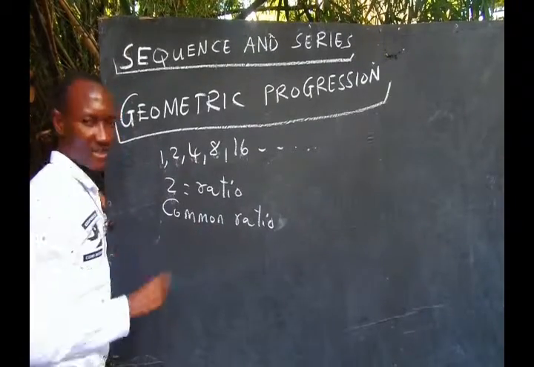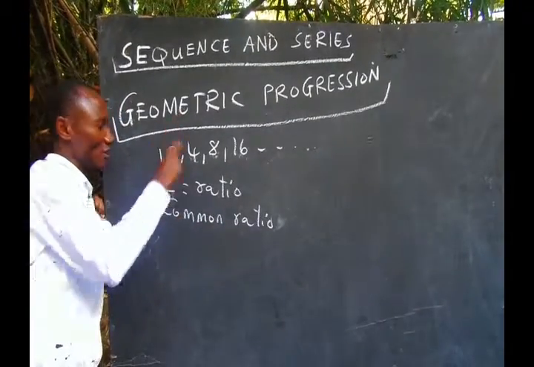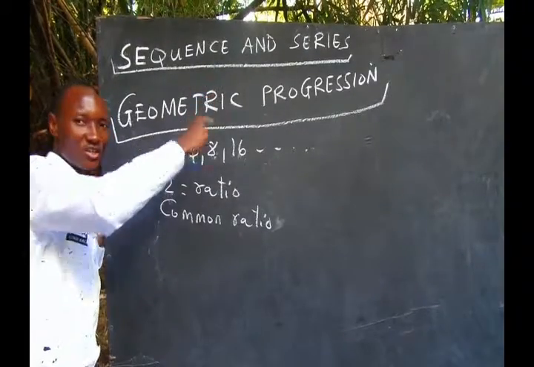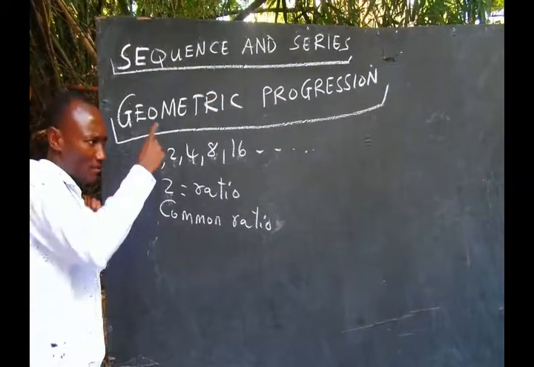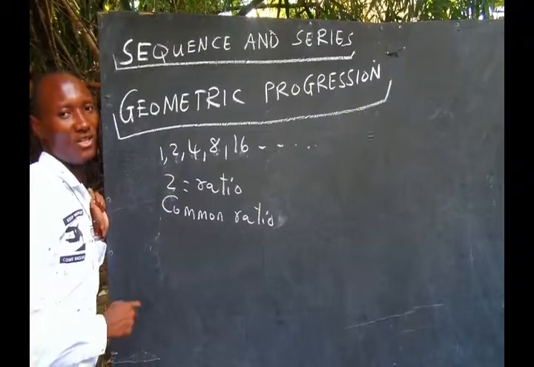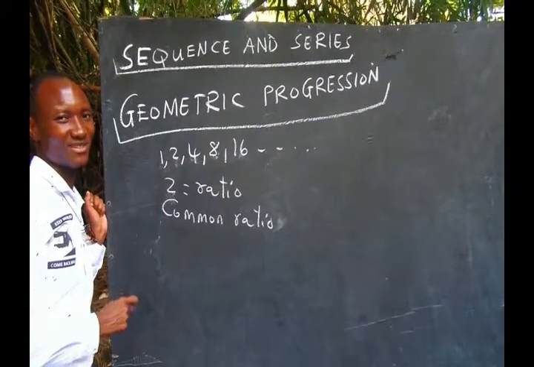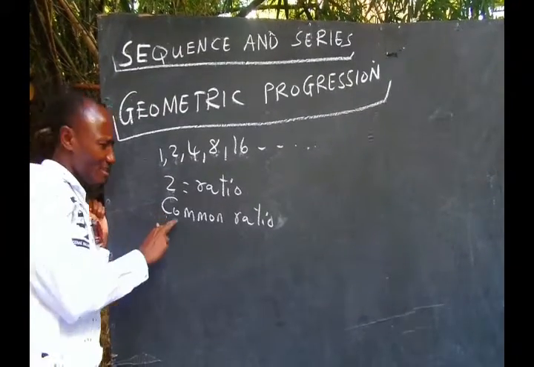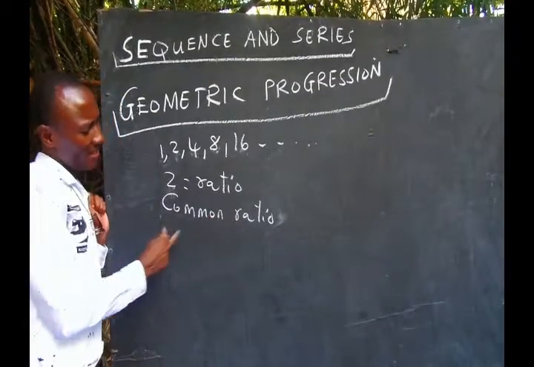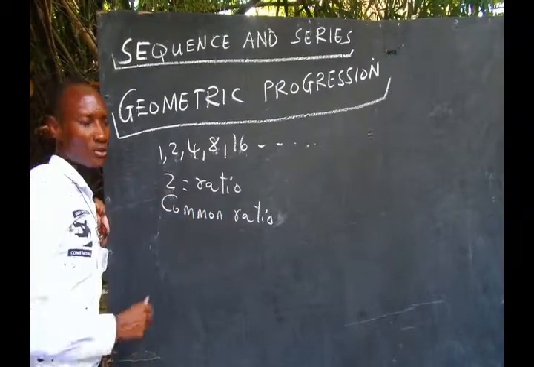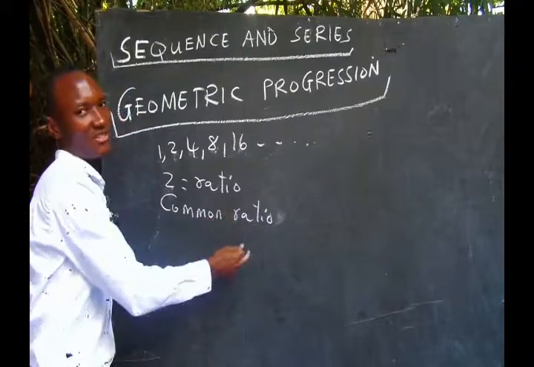Common ratio is used in geometric progression, multiplying to get the next number, my best friend. So it is called the common ratio because it does not change, and also is obtained by dividing.